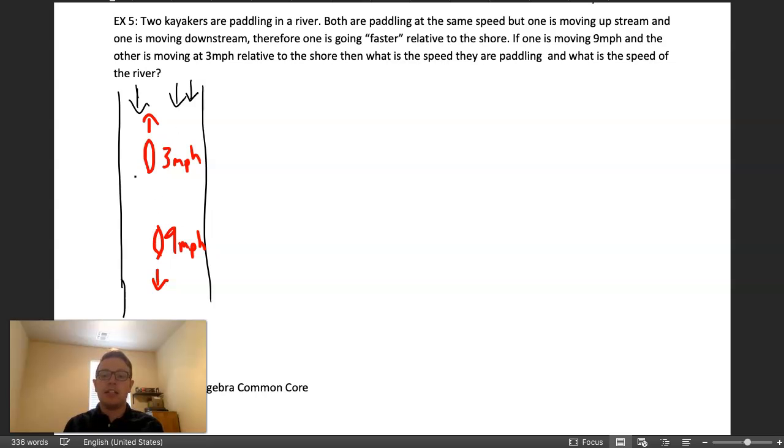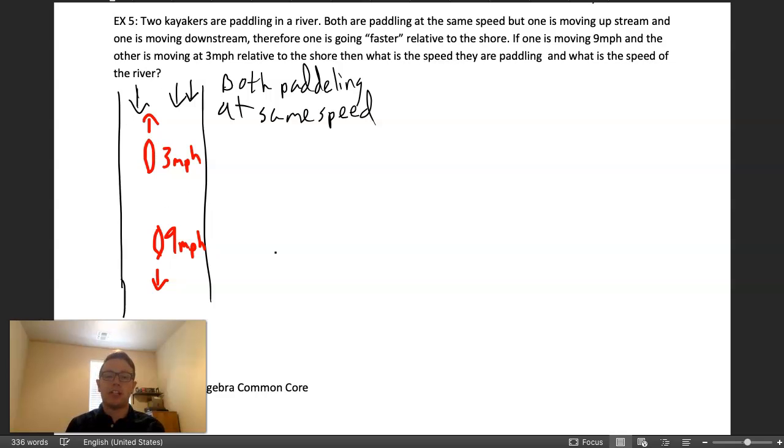These are both going the same speed. They're both paddling at the same speed. But we know one is working with the current and one is working against.